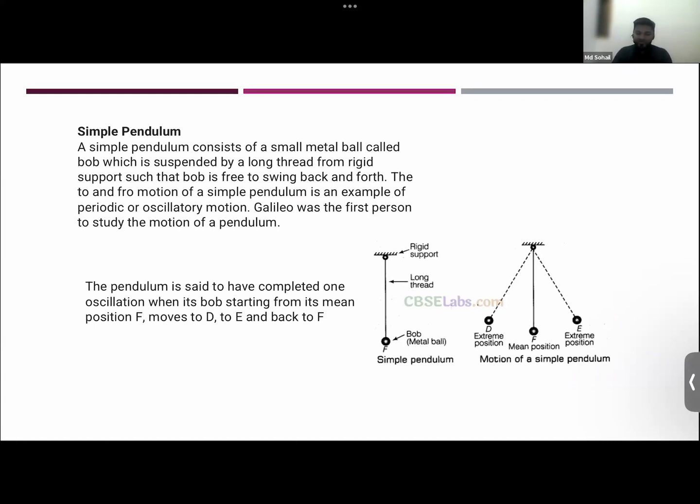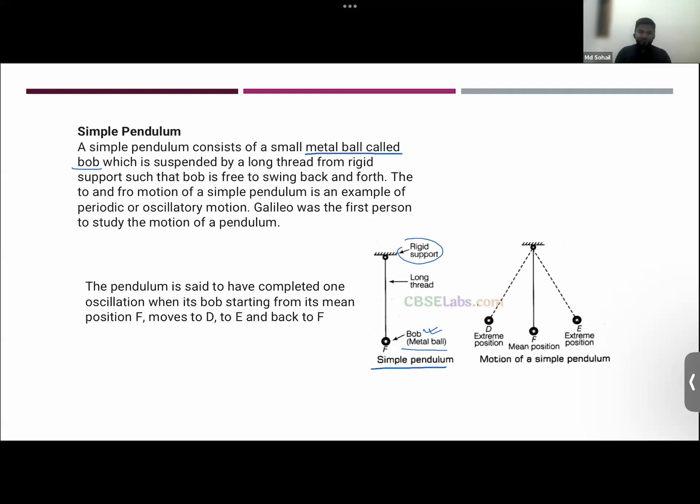If you were to see the structure of a simple pendulum, it has a small metal ball called a bob, which is suspended by a long thread from a rigid support. See this figure here. That is simply a simple pendulum.